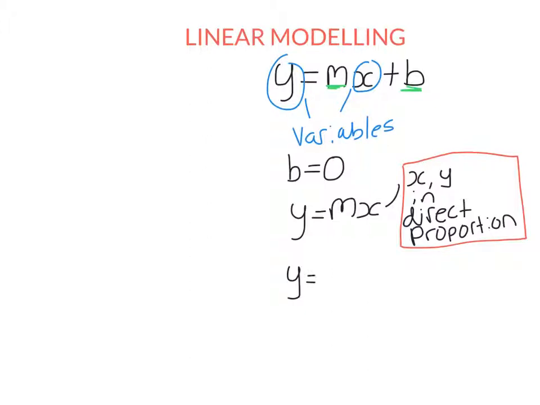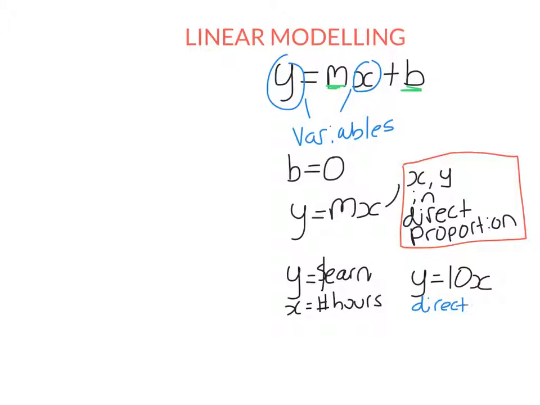If we let y equal the amount that you earn, so y will be the dollars that you earn, and then x will be the number of hours that you work. If you earn $10 per hour, then you earn 10 times the number of hours you worked. So this is an example of direct proportion when you earn $10 an hour.